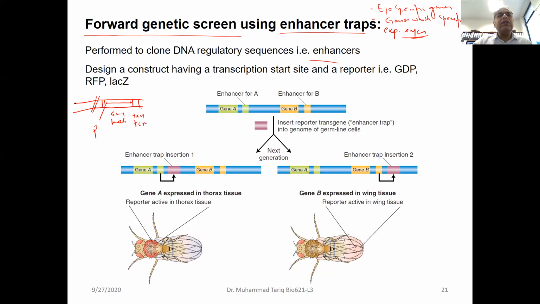There are regulatory regions which are called enhancers. Enhancers act on the RNA Pol II machinery. They facilitate activation of gene transcription. Enhancers can be upstream. They can be within a gene, within an intron, or they can be downstream.